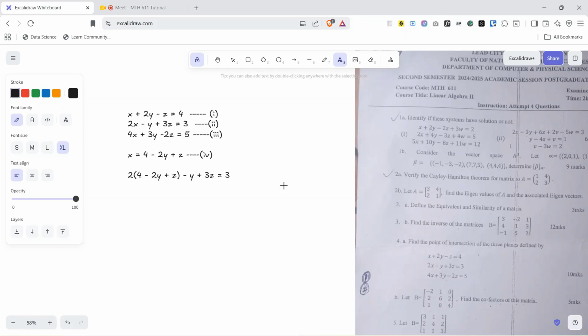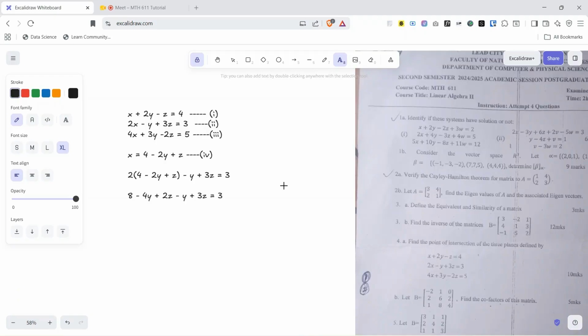Hope I did not make any mistake. That is now going to be 8 minus 4y plus 2z minus y plus 3z equals 3.